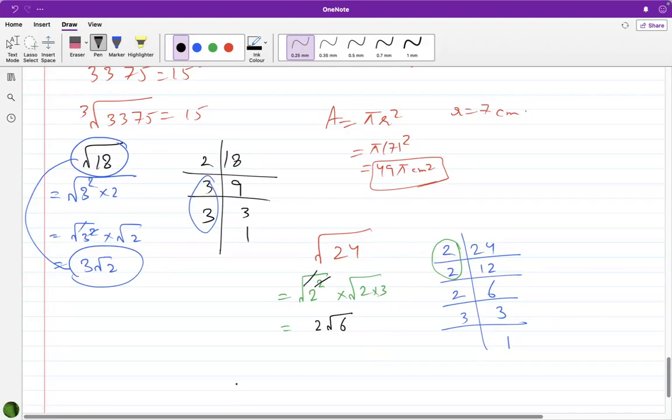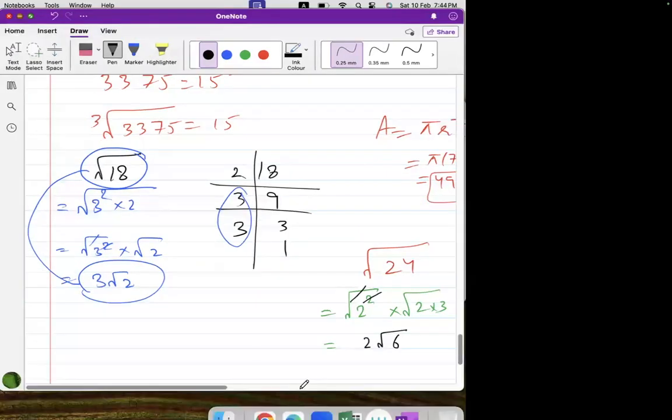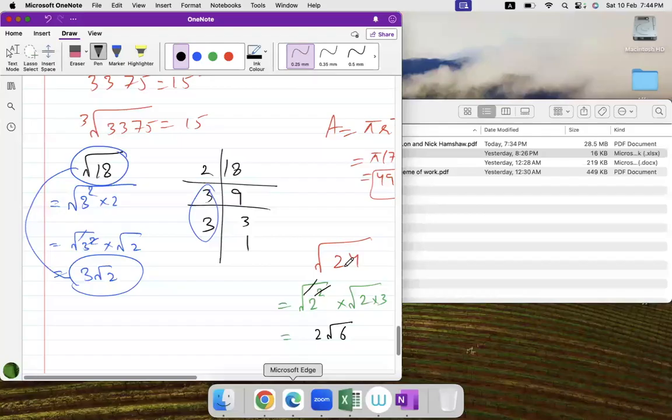This is just to be sure and confident. And why are we doing this? When the question says, show all your working, this is how we do. So this is actually going far better than I expected. Your mental math is good.